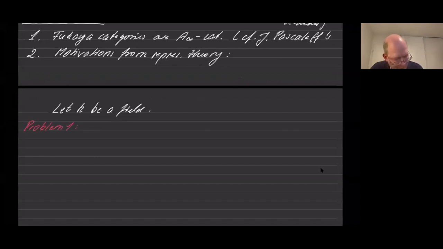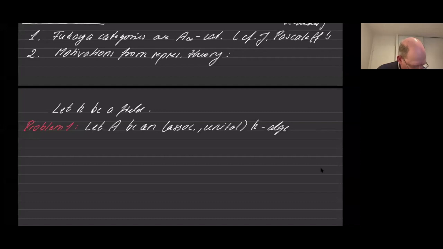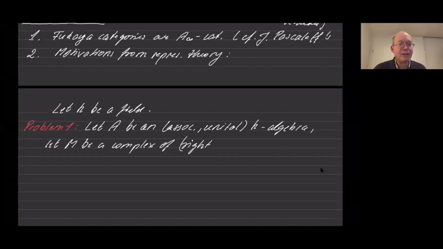Let's fix a k-algebra A, so it will be associative and unital. And let's fix M, a complex of A-modules. Let's say right A-modules. By default, modules will be right modules.